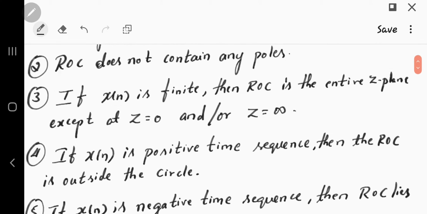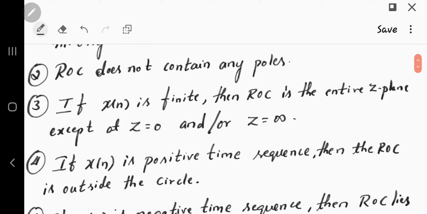Going to the third property, it says if x of n is finite, then the ROC is the entire z plane except at z equal to 0 or z equal to infinity.